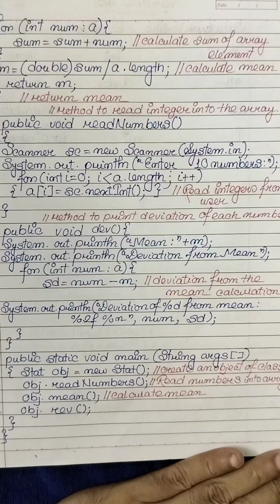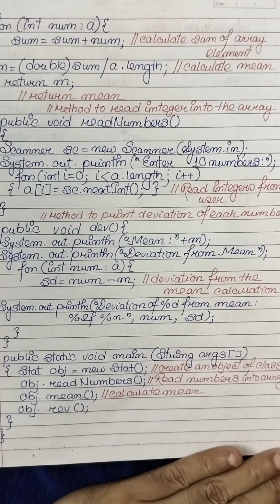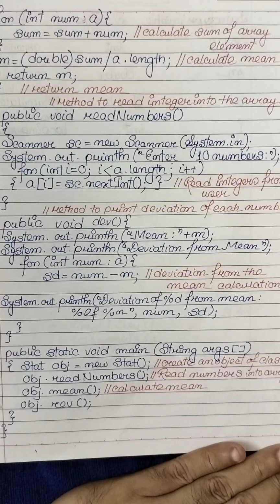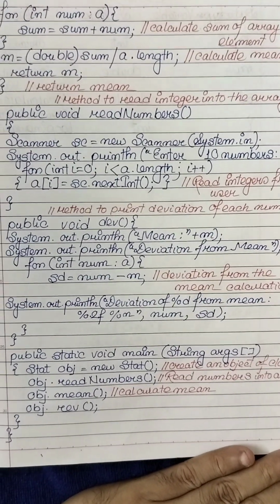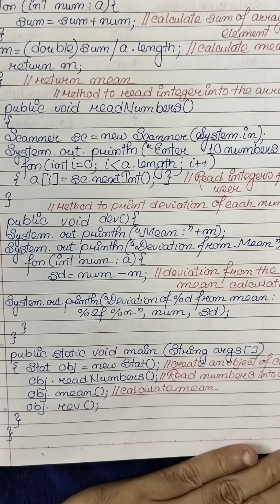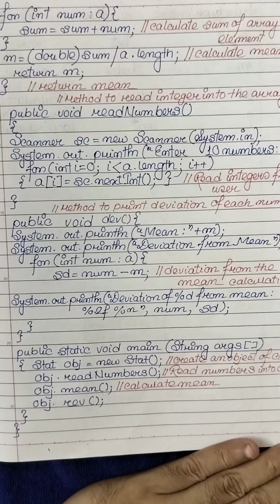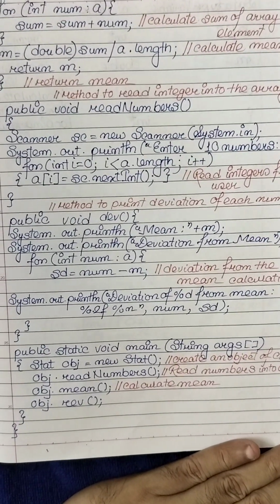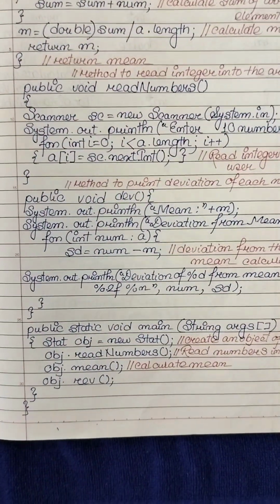For int i is equal to 0, i less than a dot length, where a is the array, i plus plus means it will increment by 1. a of i is equal to sc dot nextInt, reading integers from the user.